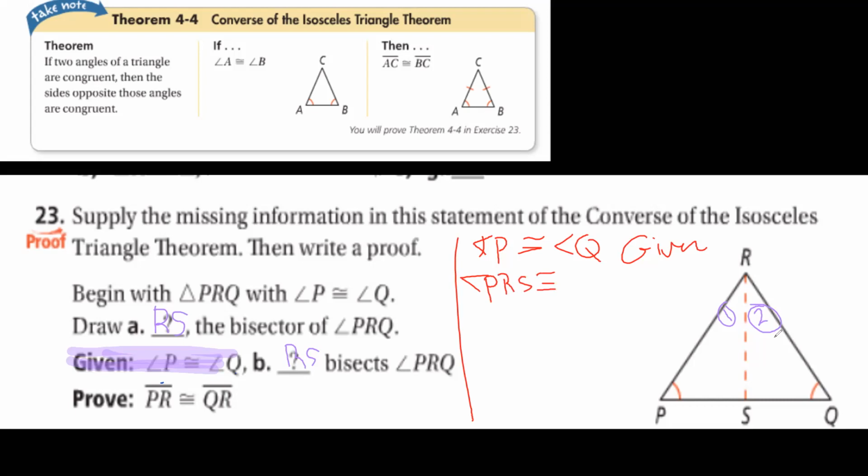So it makes PRS congruent with QRS. Is it right? Angle 1 and angle 2. The bisector cuts the angle into two equal halves. So let's make angle PRS congruent with QRS because of the bisector.